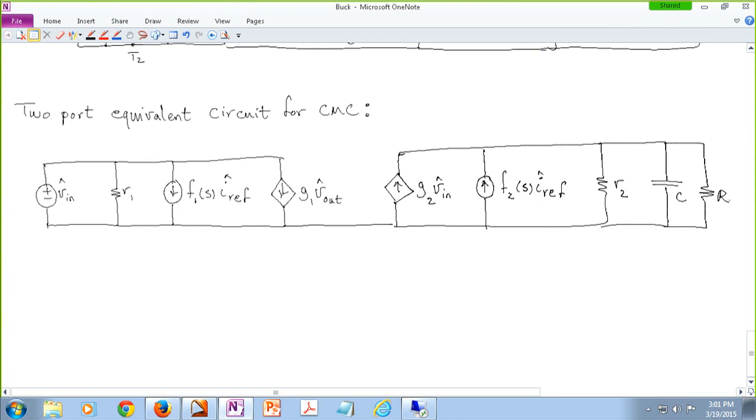So this is the canonical representation of the buck, boost and buck boost topologies, and then they have this table over here as well.